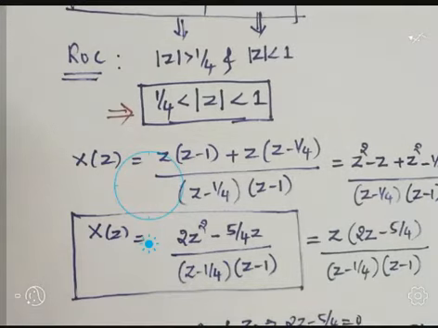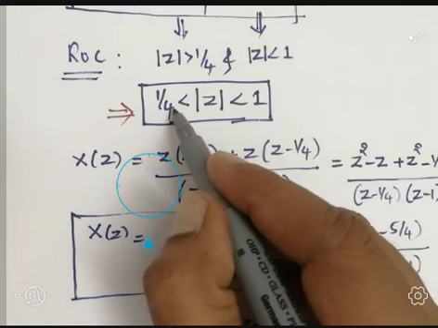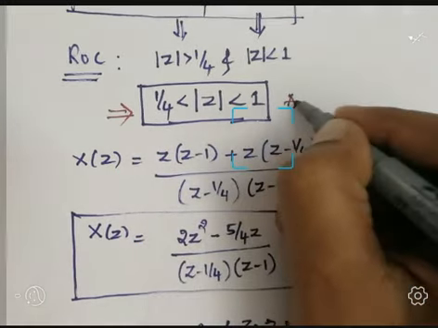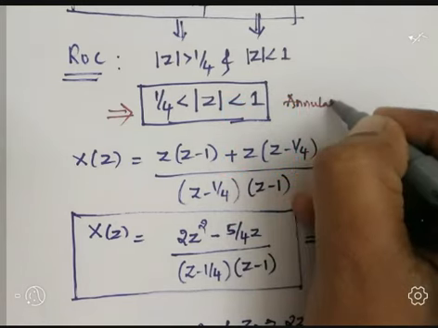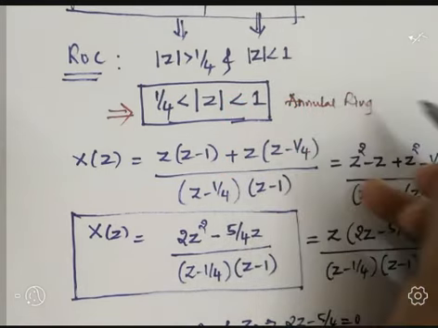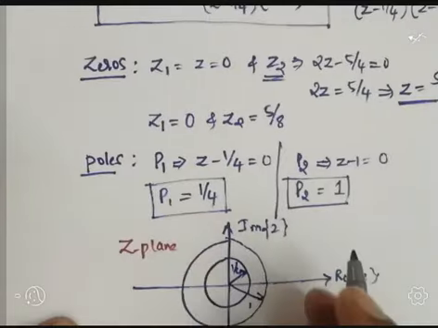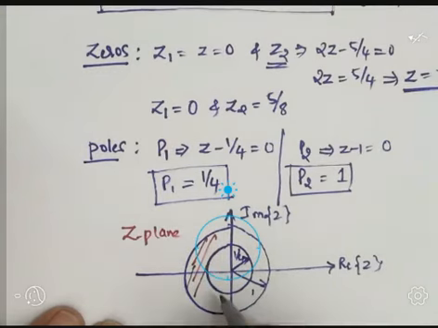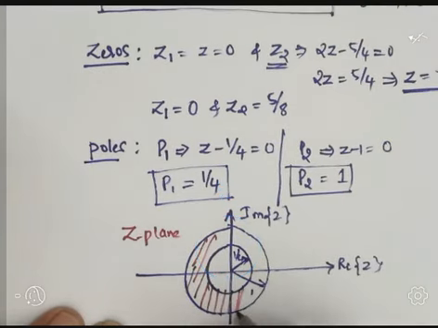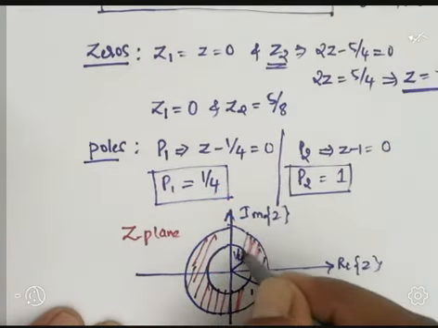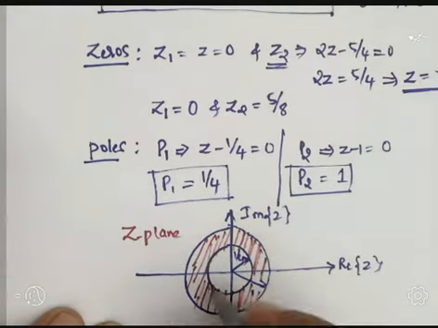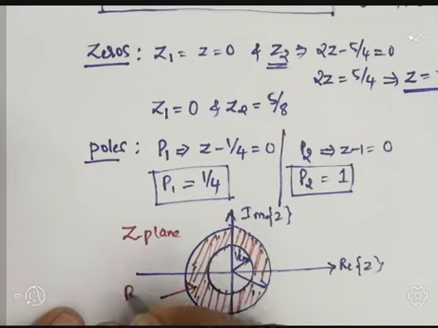ROC lies outside the circle of radius 1 by 4, but inside the circle of radius 1, nothing but it is annular ring. It looks like a ring. Now it lies between 1 and 1 by 4. This is our ROC.